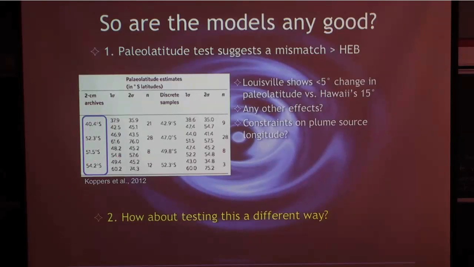If this kind of exercise is actually giving you an idea of how the latitude of eruption changes over time, Hawaii is changing much more than Louisville, which means these things are not moving in unison. One of them is moving rather fast, the other a lot slower, so that would suggest they are not necessarily doing the same thing.